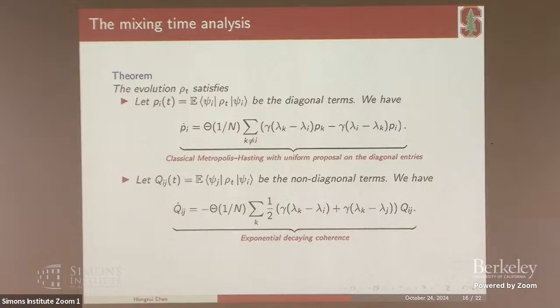On the diagonal terms, we can show that the dynamic will be reduced to a classical Metropolis-Hastings algorithm. N is the Hilbert space dimension. This comes from our construction, because we use the unitary design, so everything is spread out in the whole Hilbert space, so there is a factor of 1 over N. This is the classical Metropolis-Hastings algorithm, and so this is never efficient.